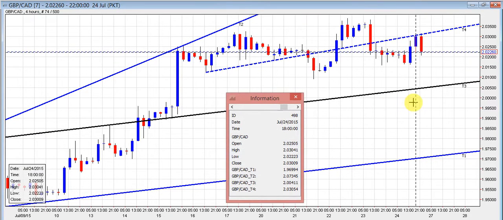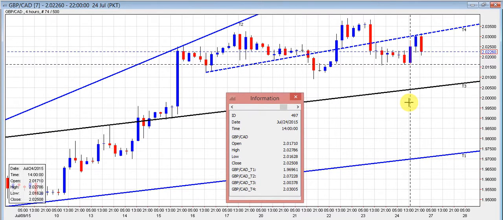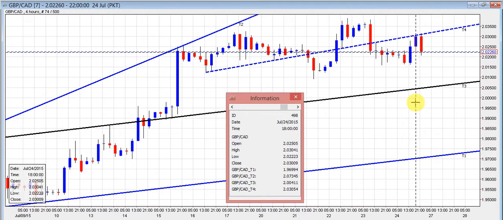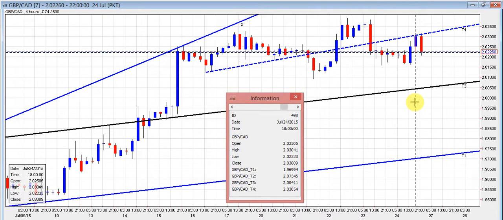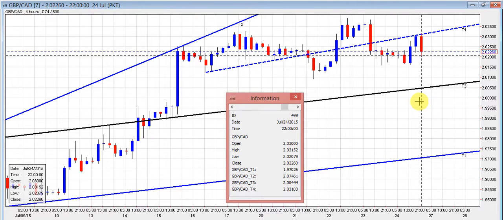So T4, since when I was doing the chart, I was more inclined towards somewhere in the European session that the high might come in. It eventually came in a bit late, so 2.0305 in T4 on the information bar became 0.54 here and 10 here.